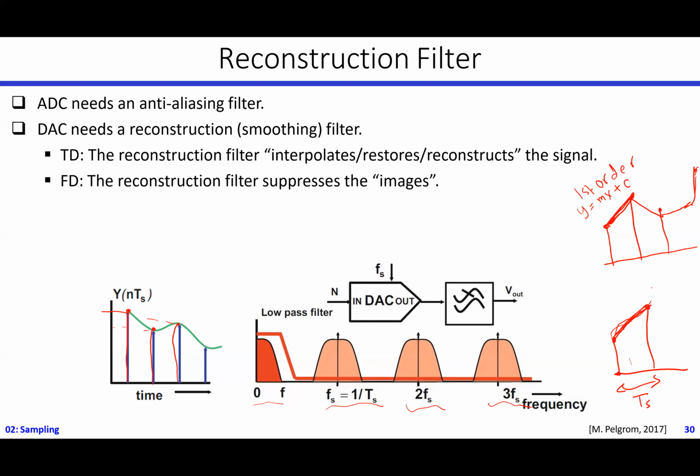Is there anything simpler than a first order? What do you say? Yes, you can hold the value. So you can hold the value here, until the next sample time, and then you go to the third sample.